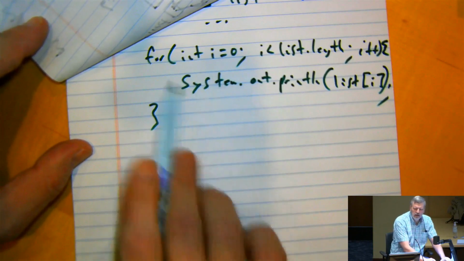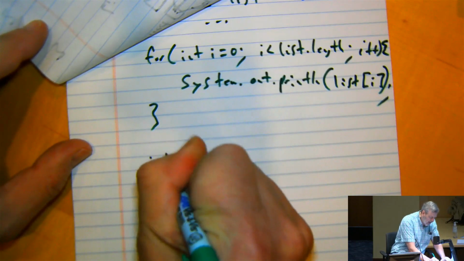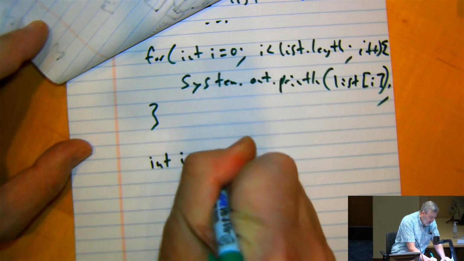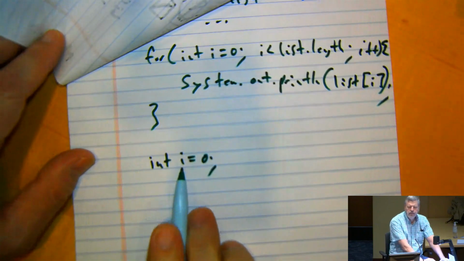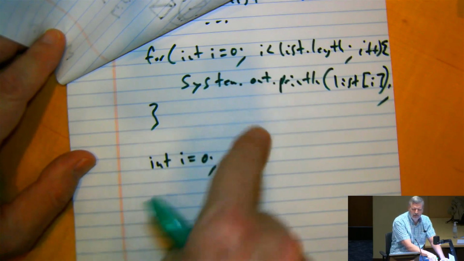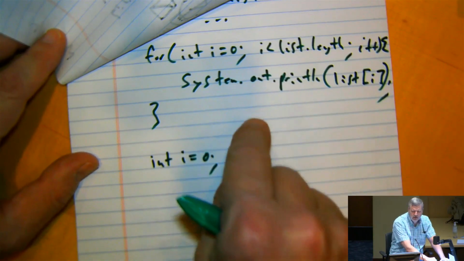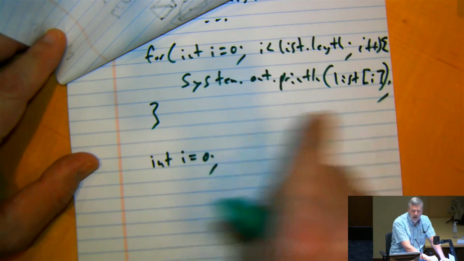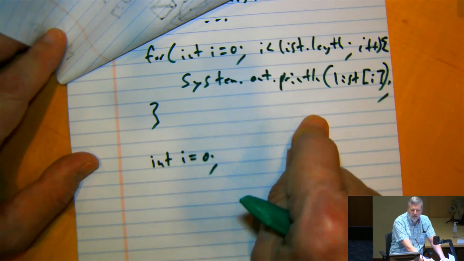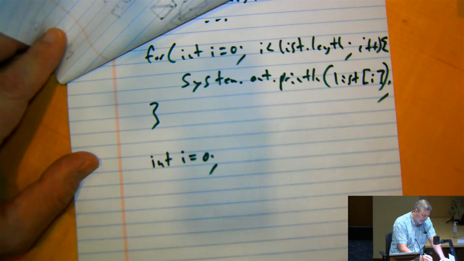So in the array case, we begin by setting an integer i variable to 0, because to traverse an array, we can use a simple int that keeps track of the current index. A simple int is enough to kind of have a finger that keeps track of where you are in the array. You've got this long sequence of values, and you just kind of keep a finger on where you are right now. I'm at the 18th element, or the 101st element, or the 5,000th element. So a simple int is enough to do that.